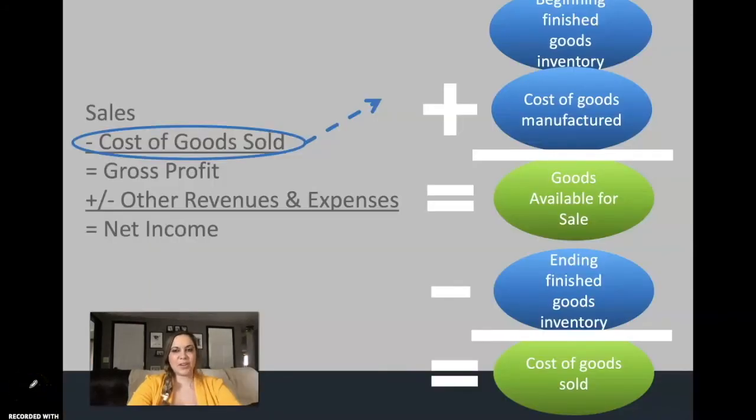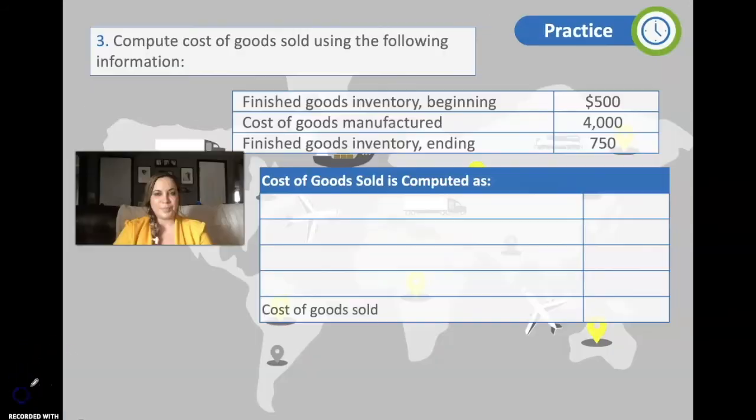As a reminder, cost of goods sold is your finished goods inventory at the beginning of the year, plus your cost of goods manufactured. That will equal goods available for sale, minus your finished goods inventory at the end of the year. I recommend pausing this, trying to fill out this classwork problem number 3, see if you get the same answer that we get as we do this together.